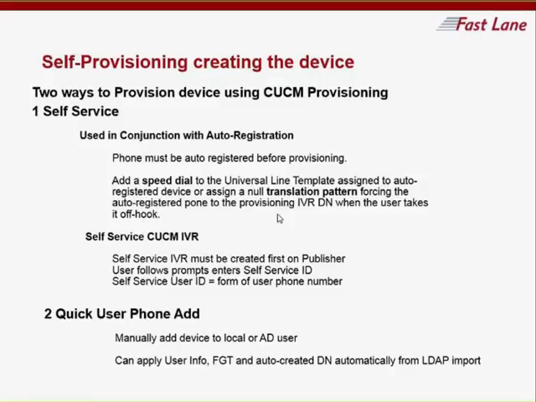We can do that by creating a private line automatic ring down. What we basically do is create a null translation pattern, a translation pattern that's blank, that goes to the self-service IVR, that only the phones that have been auto-registered have rights to see. So that basically means every time someone picks up the handset, it just calls the self-service IVR automatically. Okay, that's it.